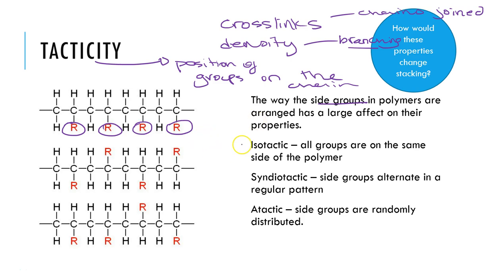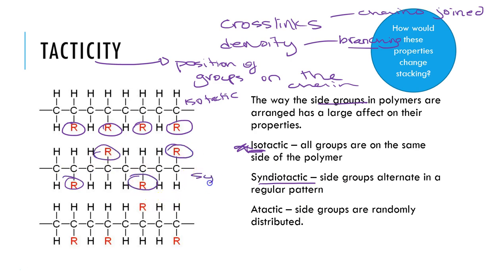So the terms that we have here are isotactic, iso being isolated, all groups are on the same side of the polymer, so that's this one here. Syndiotactic, like a syncopated beat, they alternate in a regular pattern.